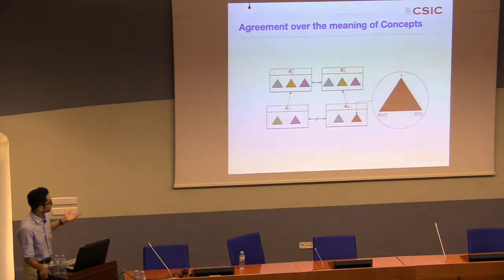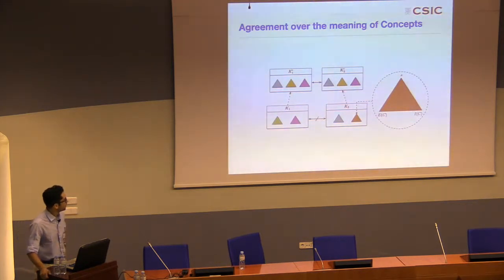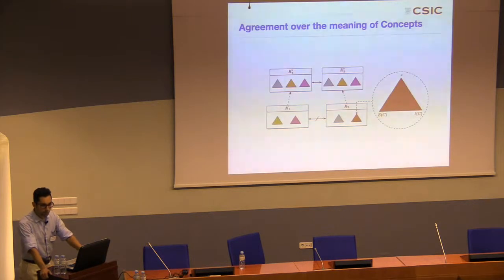If we present a yellow object to the agents, the only solution they have to understand each other is to split one of their concepts. For example, the agent that has K1 will split the green concept into cyan and yellow, and the other agent will split the concept red into yellow and magenta, to reach an agreement over the meaning of the example that they are confronted with.